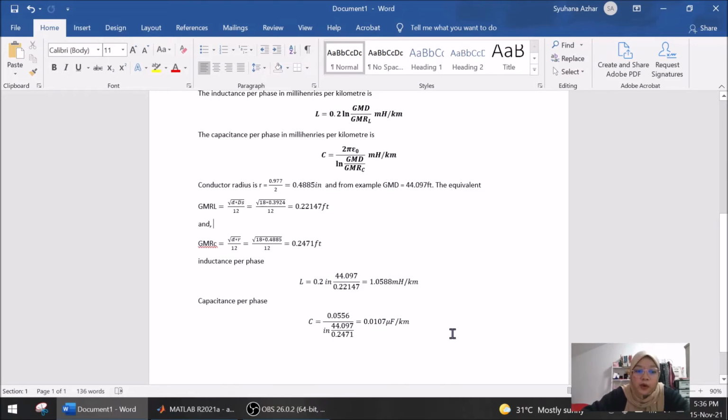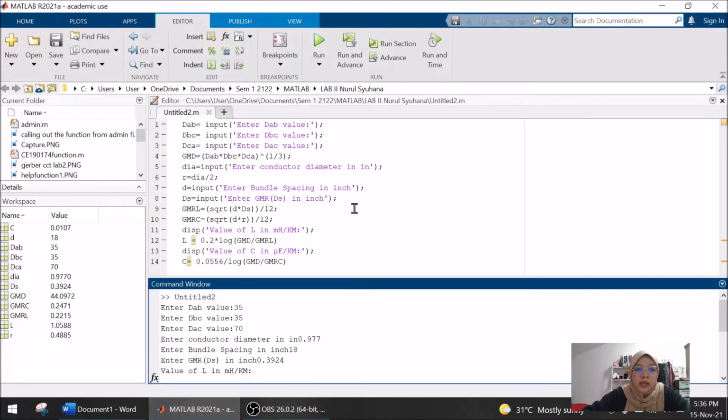So let me prove our manual calculation using the Matlab software. Here is the program that I already ran just now. This program is taken from the lab sheet given by the lecturer. Let me go through each of the commands.